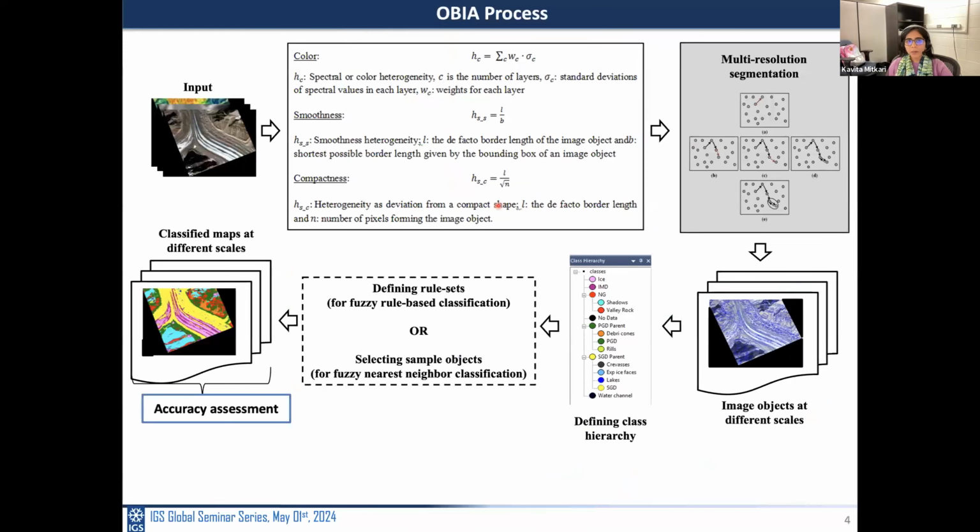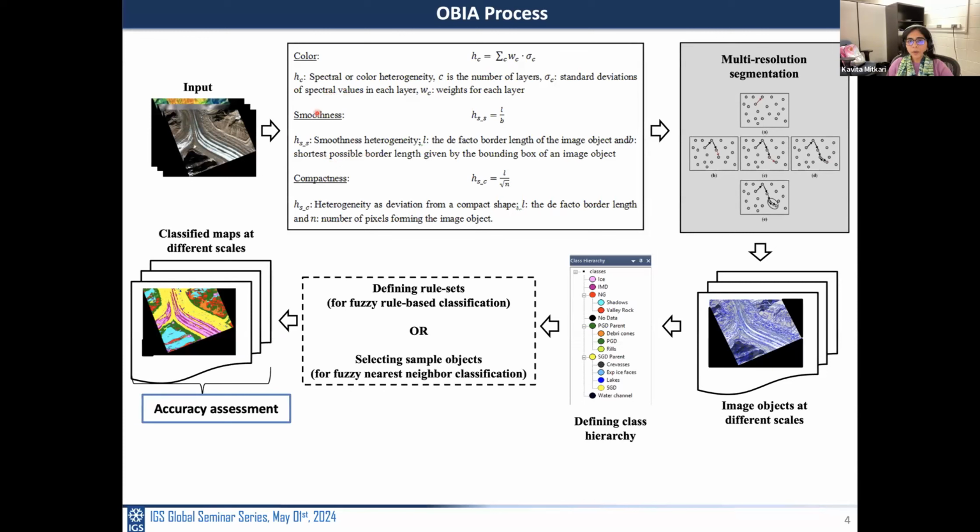The beauty of OBIA is that we can extract different glacier features at different levels. If I want to extract the large size glacier features at one scale and the small size features at another level, I can do that using OBIA. And also we can give input from multiple sources to the OBIA.